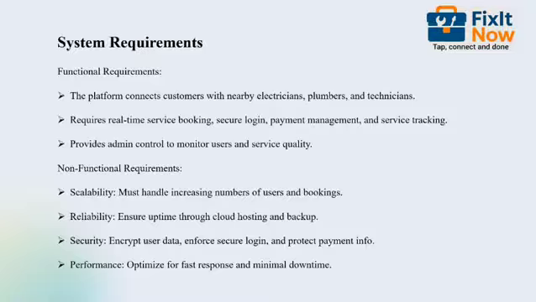The main goal of our system is to simplify home service bookings, reduce delays, and bring reliability through verified service providers. In functional requirements, it enables secure user registration, login, and real-time service booking with verified technicians, and integrates a secure payment gateway for advance and final payments. Non-functional requirements include scalability, security, reliability, and performance.